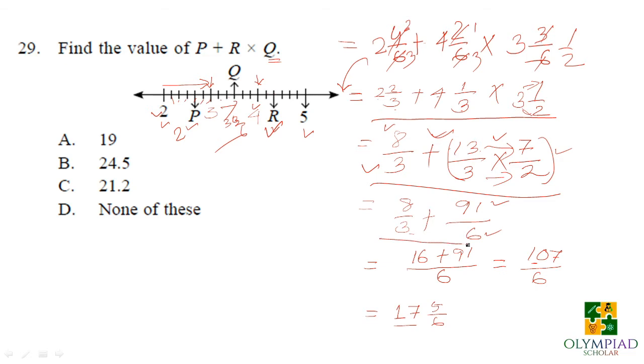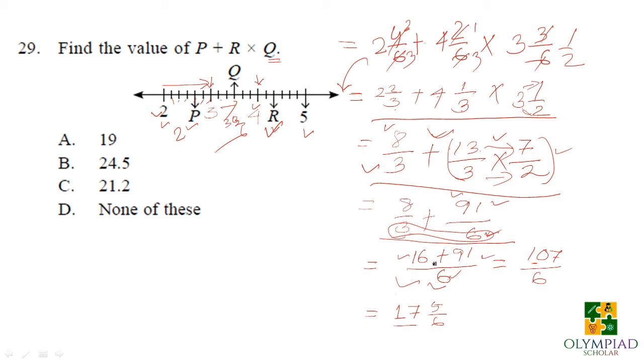So again you can add these two numbers by taking the LCM of the denominators, which is 6. When 6 is divided by 3, you will get 2, and this 2 will be multiplied with 8, then you will get 16. As the LCM is equal to the denominator of the next fraction, you can directly write 91 over here, or you can follow the process, that is you have to divide 6 by 6, you will get 1, and you can multiply 1 with 91, again you will get 91.